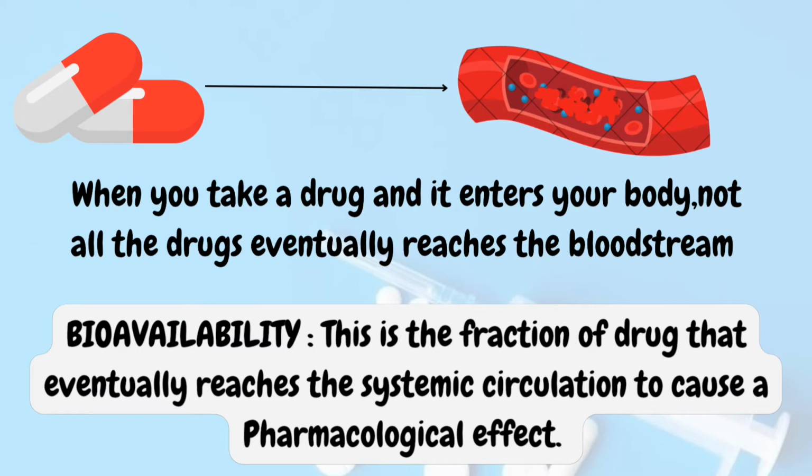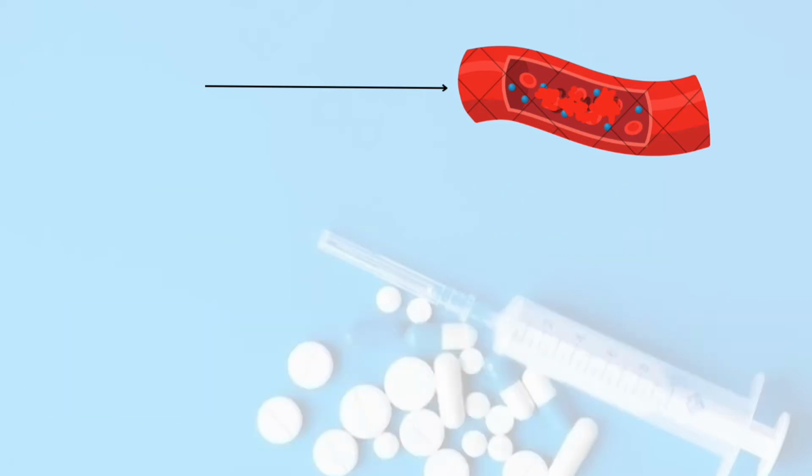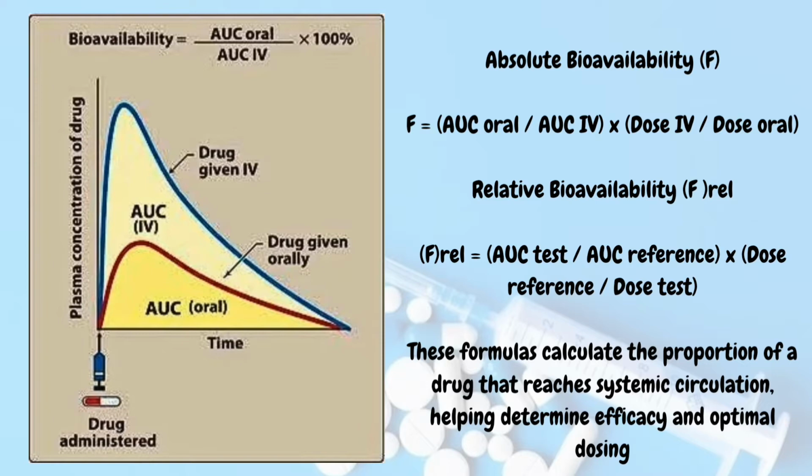Now, you can administer a drug to the body orally by mouth or intravenously by injecting the drug substance directly into the bloodstream. Looking at the bioavailability graph, in the vertical axis we have the plasma concentration of a drug, that is the amount of the drug in the blood plasma.